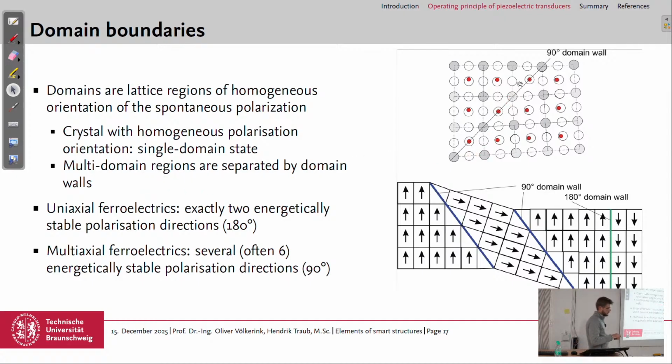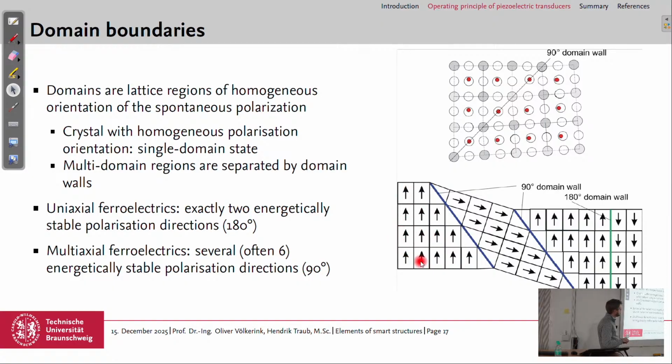So if we look at this simplified structure, here we have the element in the middle moved up. So this is a domain. Here's another domain where the element has moved to the left, and between them there is a domain wall. And here's the same with a different kind of figure with arrows for the polarization direction.